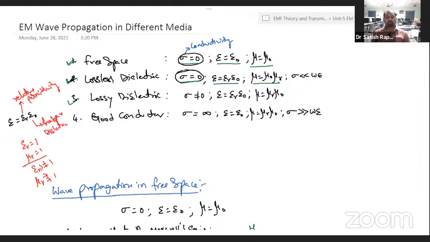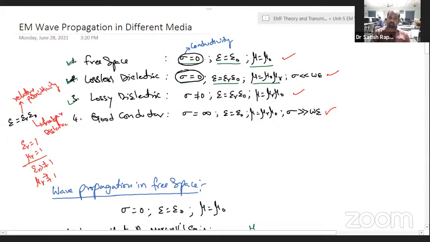What are those different mediums we have considered? Four mediums: free space, lossless dielectric, lossy dielectric, and good conductor. And I have defined how different media are characterized in terms of conductivity, permittivity, and permeability.